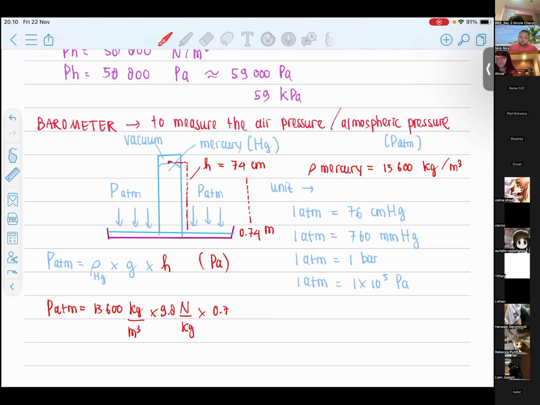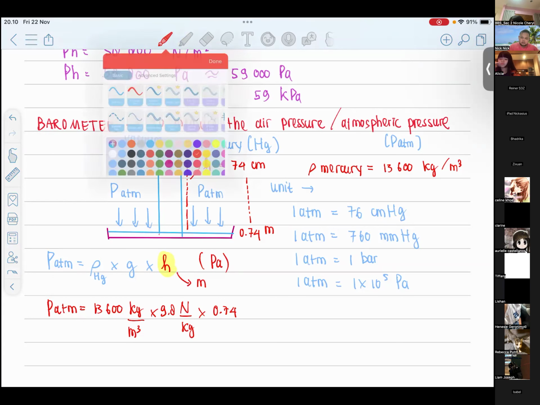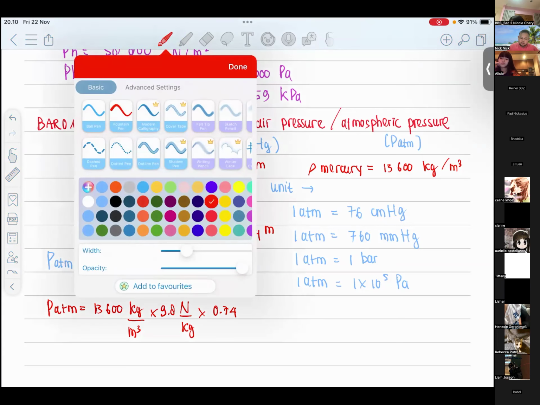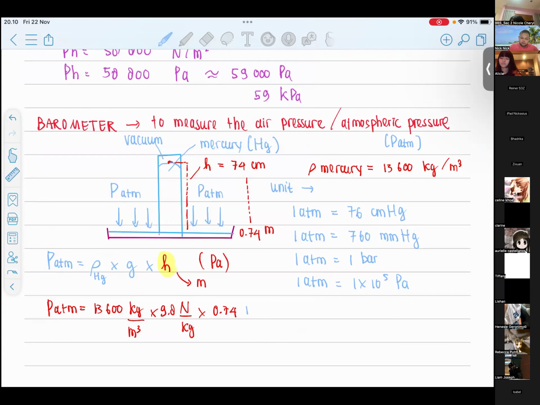Everything should be in meter. Are you with me? Now you cancel this, it becomes meter square. So for the atmospheric pressure, the unit left is Newton per meter square, or Pascal, right?